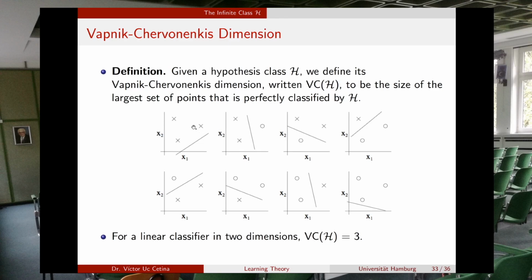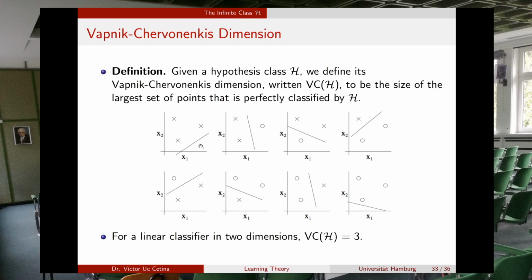Okay, so if we had, for example, 4 points, then we can label the points in such a way that it would be impossible to perfectly classify, considering all the possible labels of the points. Remember the XOR problem, in which we have each point in a corner of a square, and points in opposite corners have the same label.